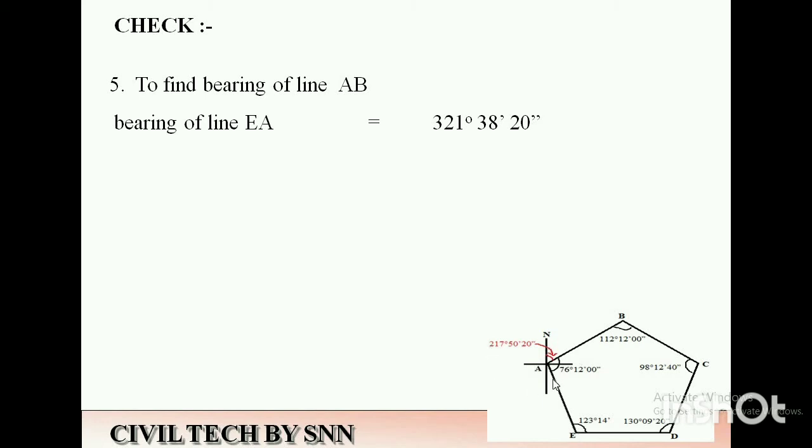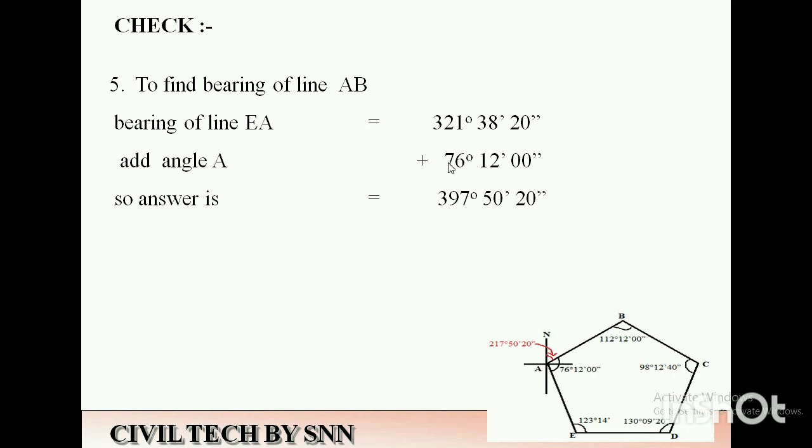Bearing of line EA. So here EA is the previous line, so the bearing of line EA is 321 degree 38 minute 20 second. Add angle A, that is the angle between line EA and AB, which is 76 degree 12 minute 0 second. So the answer is 397 degree 50 minute 20 second.